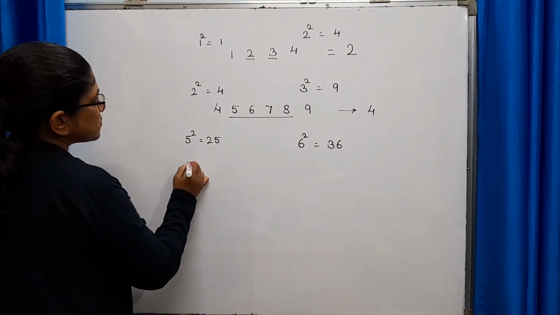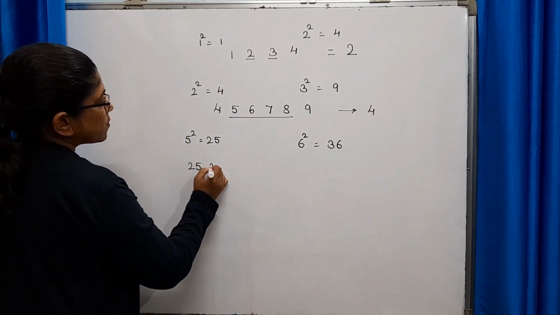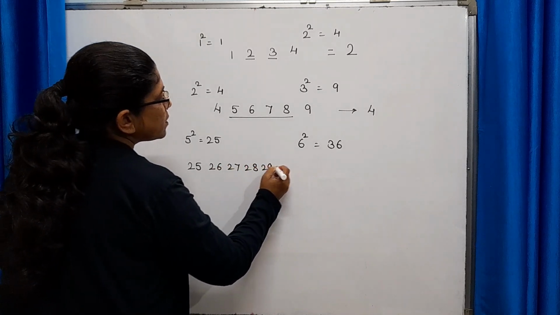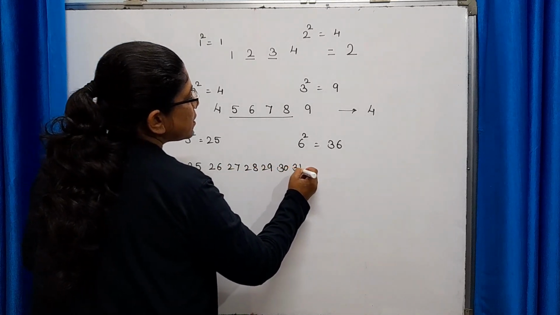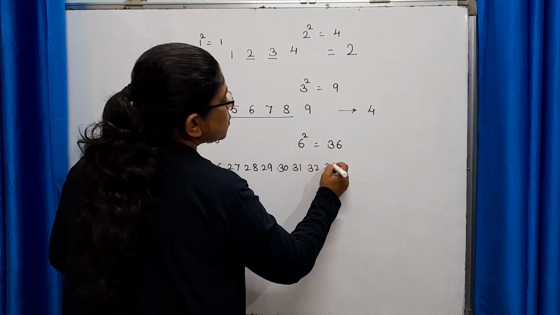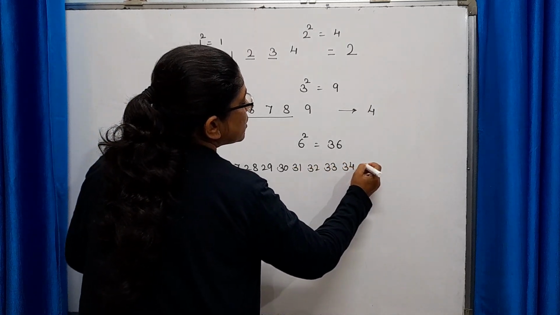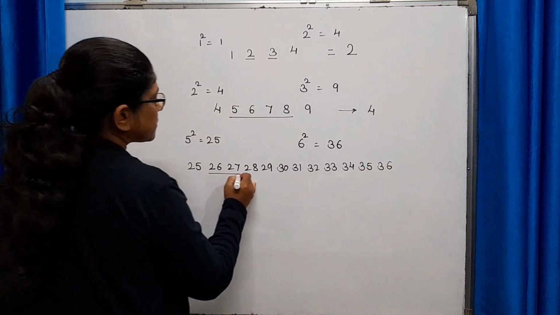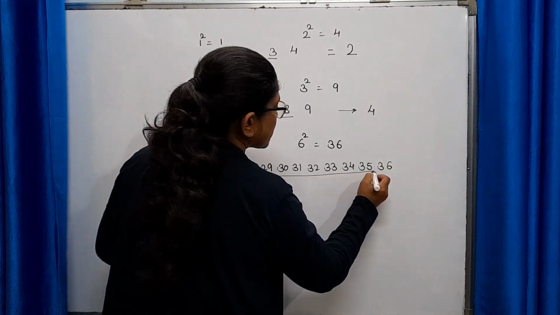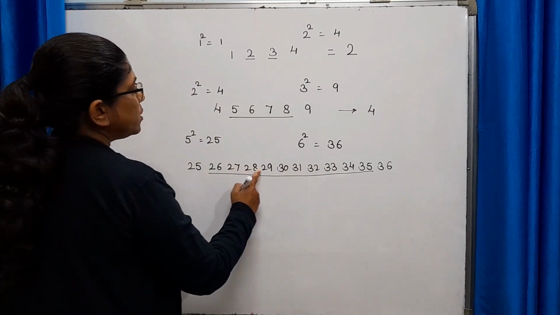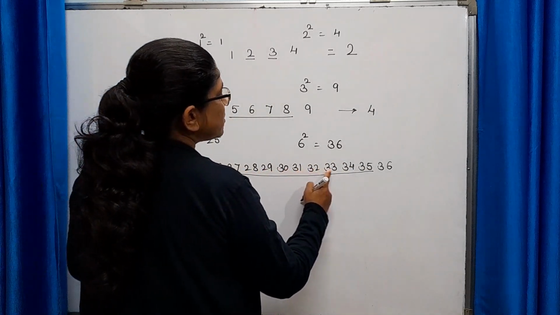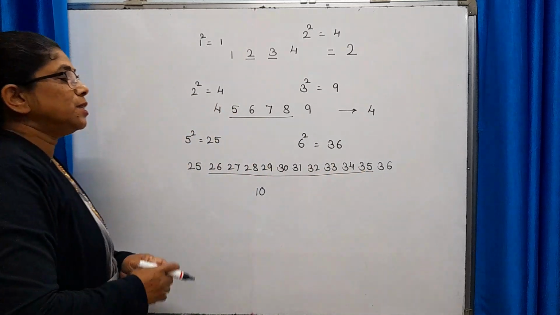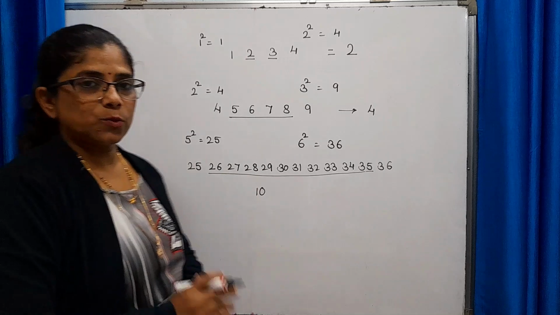Let's check this. Between 25 and 36: 25, 26, 27, 28, 29, 30, 31, 32, 33, 34, 35, 36, there are 10 numbers between these squares.